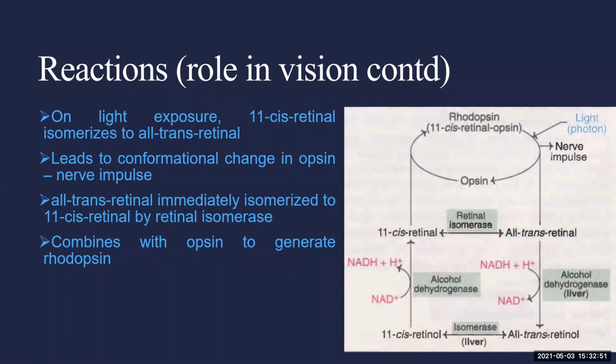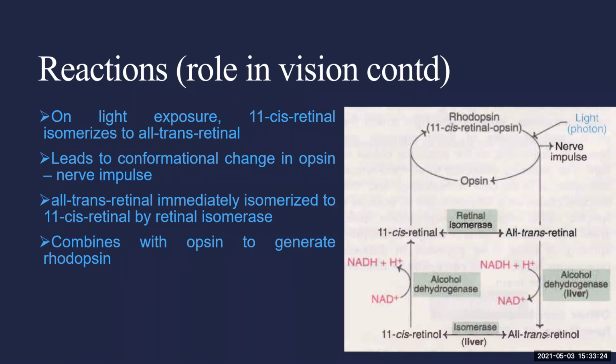So what happens? Light falls on the retina, which isomerizes 11-cis retinal to all-trans retinal. This isomerization leads to a conformational change in opsin, which generates the nerve impulse, and we process it as an image. Once that is over, all-trans retinal immediately gets isomerized to 11-cis retinal by an enzyme called retinal isomerase. Very important.